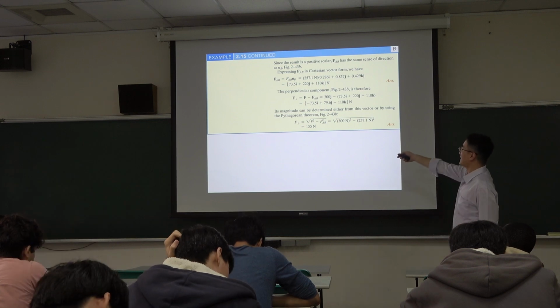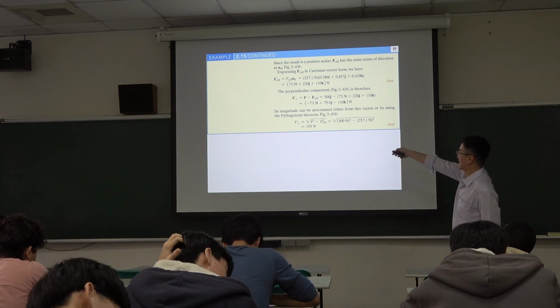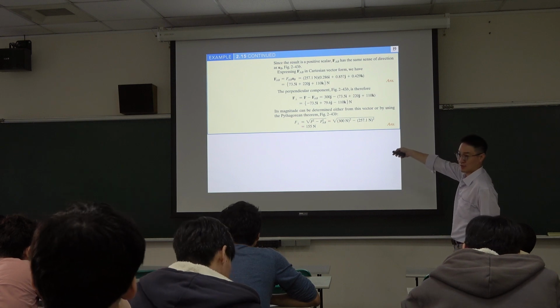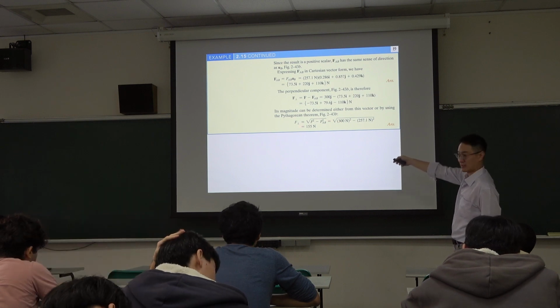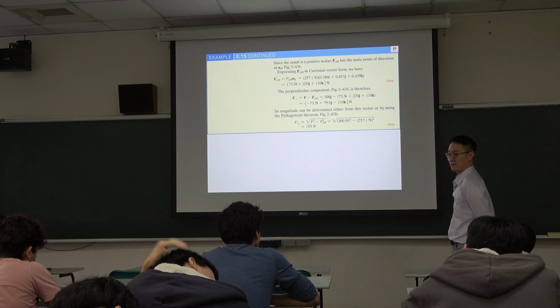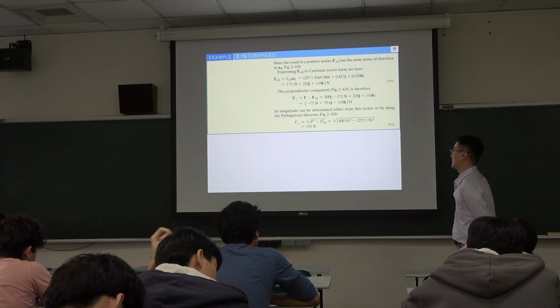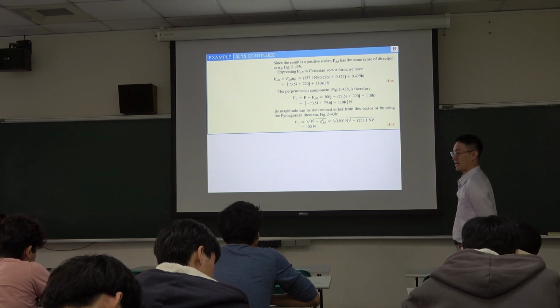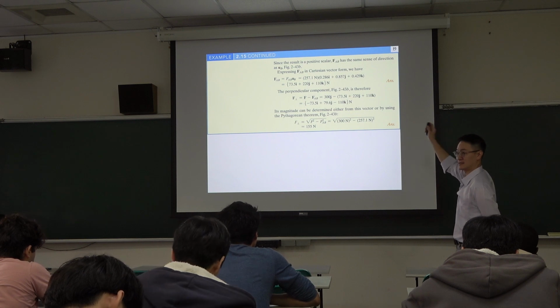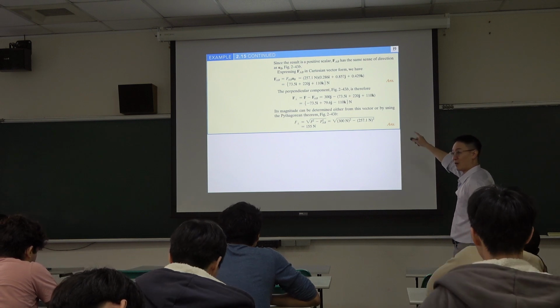Then the magnitude of the perpendicular vector can be worked out using this relationship, which gives us 155 Newton. Okay, clear? Okay for you?